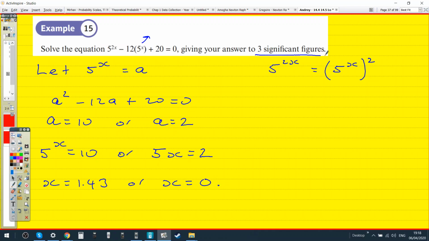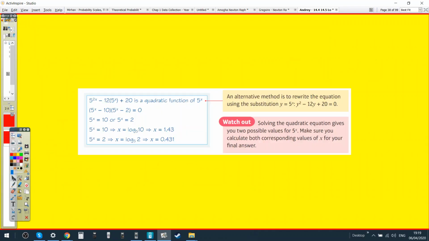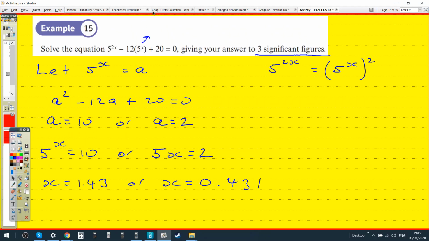One more sig fig on that one. All right. 0.431. So 1.43 and 0.431. So basically this is a hidden quadratic, a quadratic in disguise.